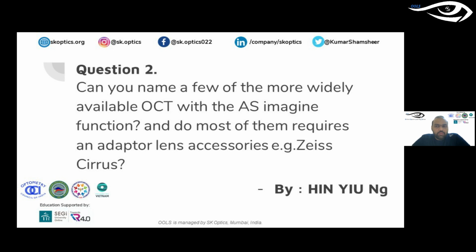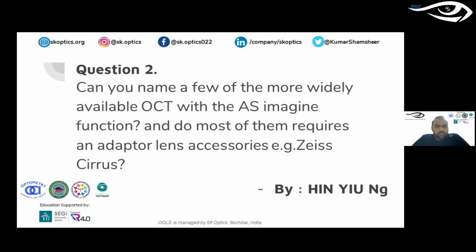I'm not too sure if all of them use an adapter, but there is one such type of OCT which is capable of changing the location it images. There is a type of OCT which images the posterior segment, but in that you would be using an adapter lens in order to change it for imaging the anterior segment.